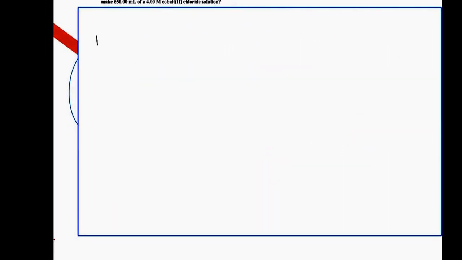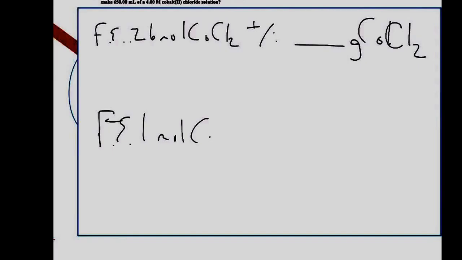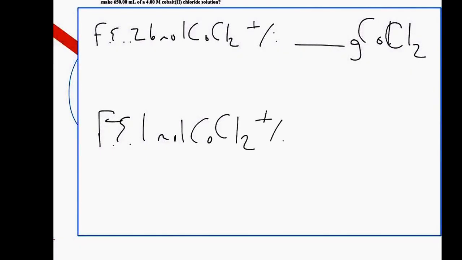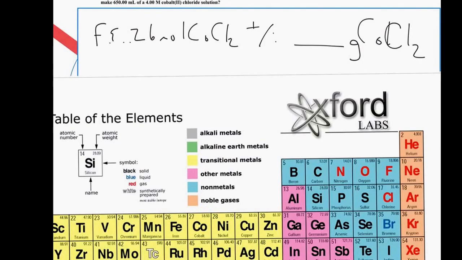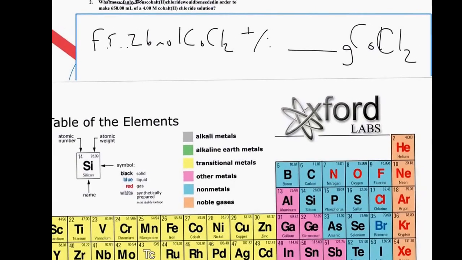So we know that we've got 0.26 moles of COCl2. And there's some number of grams of that is what we're looking for, because they asked for the mass. So we're going to say for every 1 mole of COCl2, there is, well, we got to look it up on our handy dandy periodic table. So I pull out my periodic table and I notice that Co is 59 about, and Cl is 35.5.